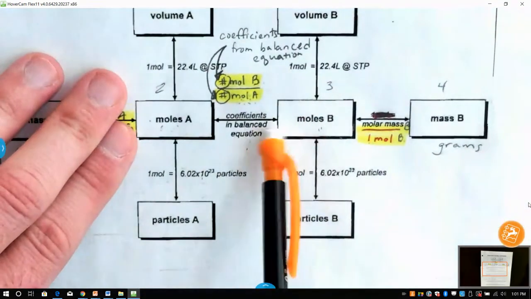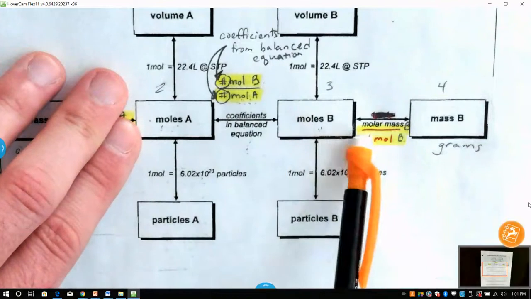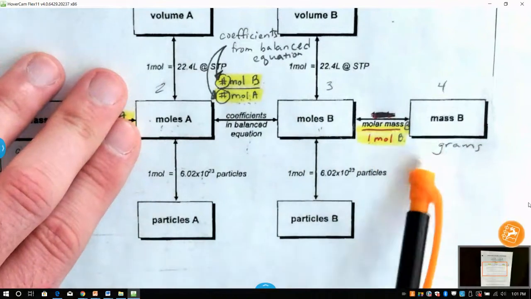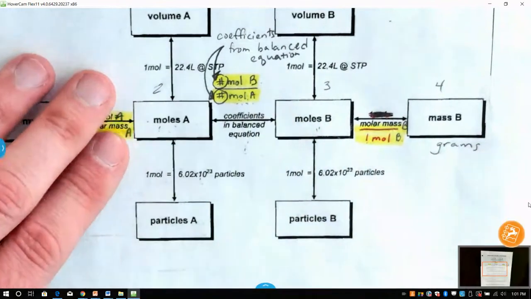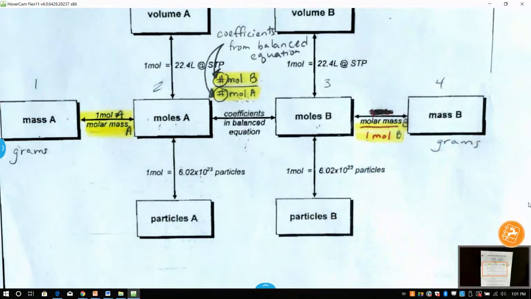So you needed these 2 conversions here. They did this one first, then this one, which is, at least for me, very confusing. Technically, if everything gets canceled out, that doesn't need to be there. Problem still would work, but as far as line of thinking goes, follow it in your order. All right, and get started.